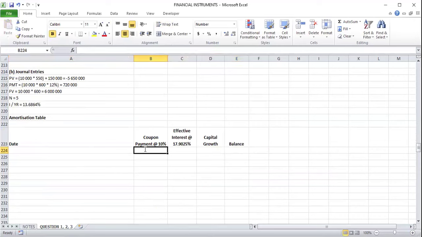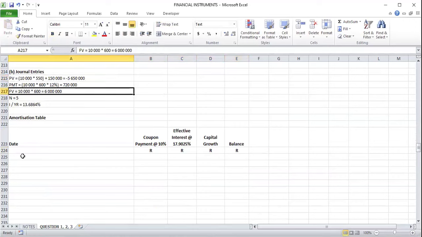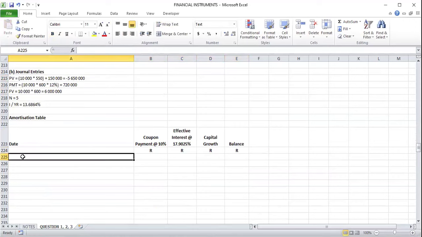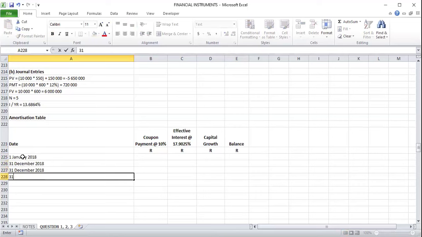There's also capital growth here because our PV is 5,650,000, whilst our FV is 6 million. Right. So then we start with 1 January 2018. Then 31 December 2018, and then each 31 December after that.